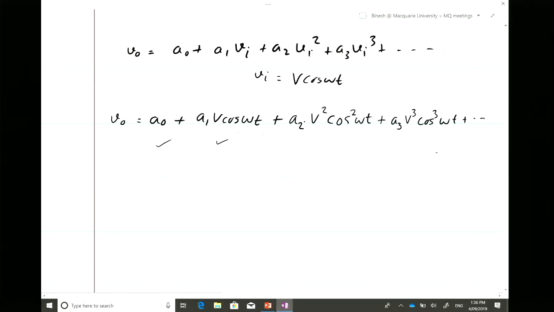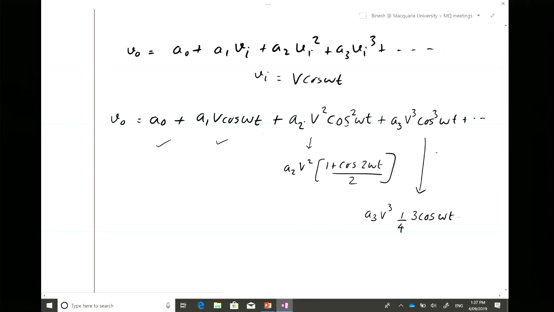So for the cos square term, we want to change it to a single order. Now it is a square term. We want to have it all in the order of 1. So we'll write it A2 V square times 1 plus cos 2 omega t divided by 2. And this term, we will change it to the first order too. As cos cube omega t can be written as 1 by 4 times 3 cos omega t plus cos 3 omega t.